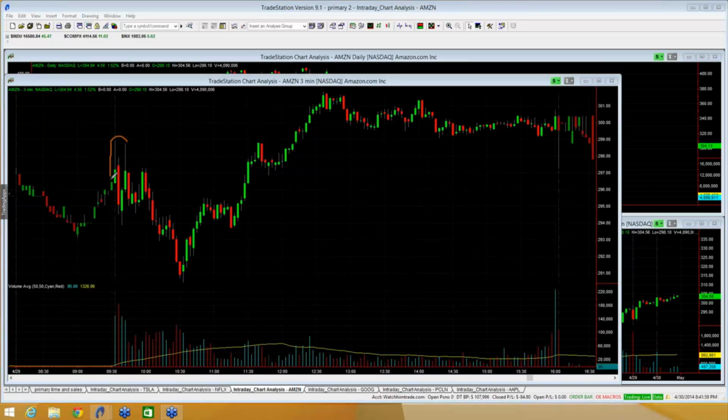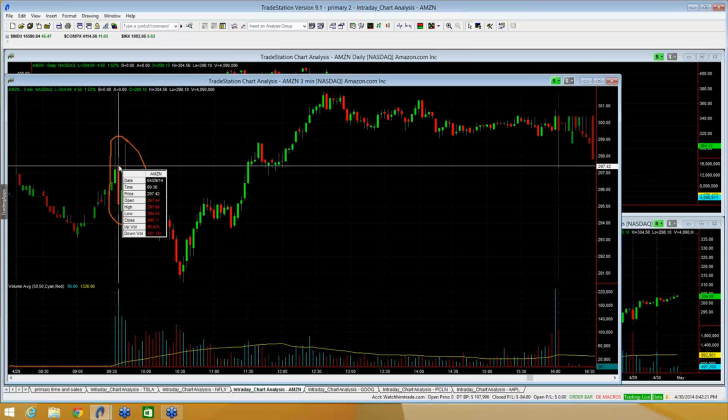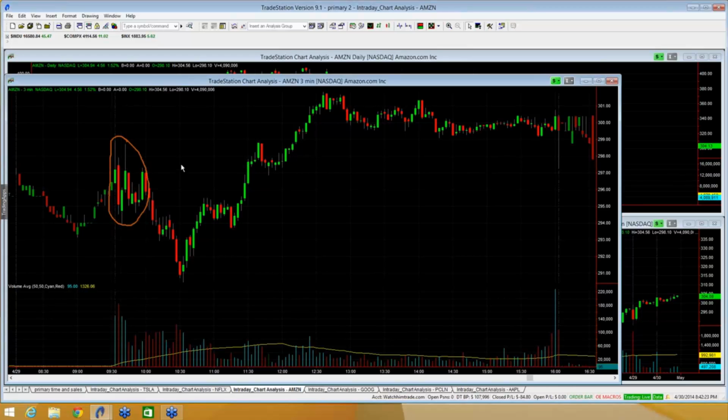Amazon opens up around $297, and in the first 10, 20 minutes of the day, there is a major limitation on the range. It comes in greatly. You go from a 12-point range at the open on Monday to now you're trading 298 down to 294, 295 or so. You're in a 4 to 5 point range at Tuesday's open.